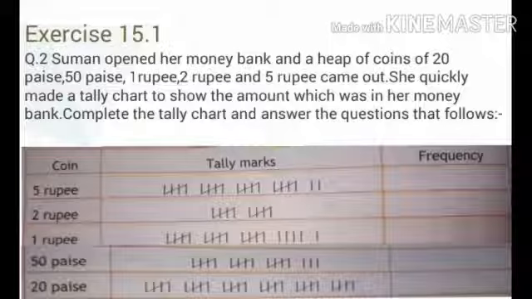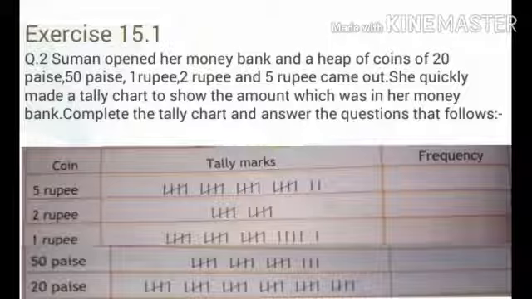Okay, now 50 paise. 5 plus 5, 10, 10 plus 5, 15, 15 plus 3, 15, 16, 17, 18. So 50 paise will be 18 times. So you will write here 18.